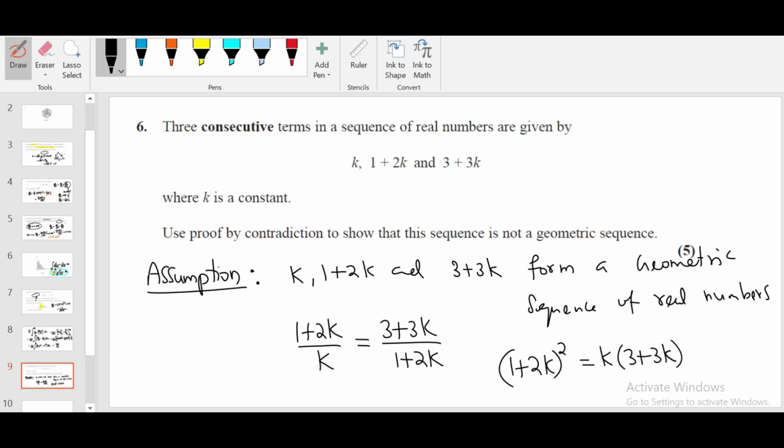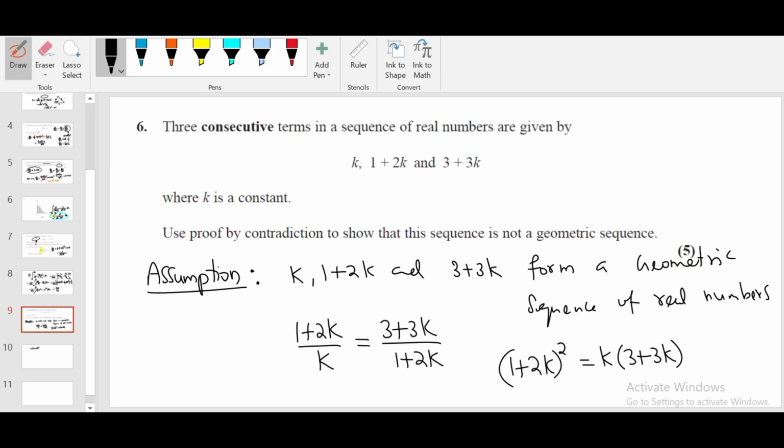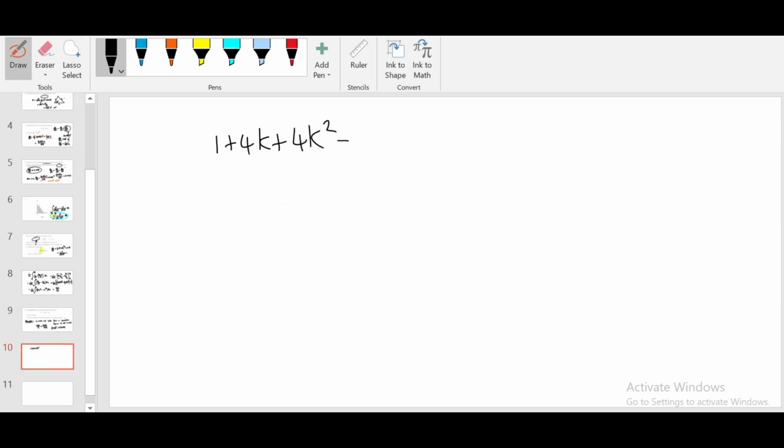So I'm going to expand the bracket and put everything on one side. We'll get 1 plus 4k plus 4k squared on the left hand side, minus 3k minus 3k squared is equal to 0. Simplify the like terms. We'll get k squared plus k plus 1 is 0, which is a quadratic equation.